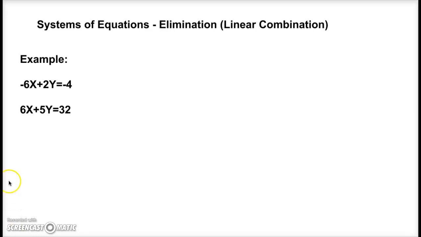First, we'll start with an example similar to what we've done, where you have two equations, two variables, and if you look closely, you can see that one of them is negative 6x and one is positive 6x.